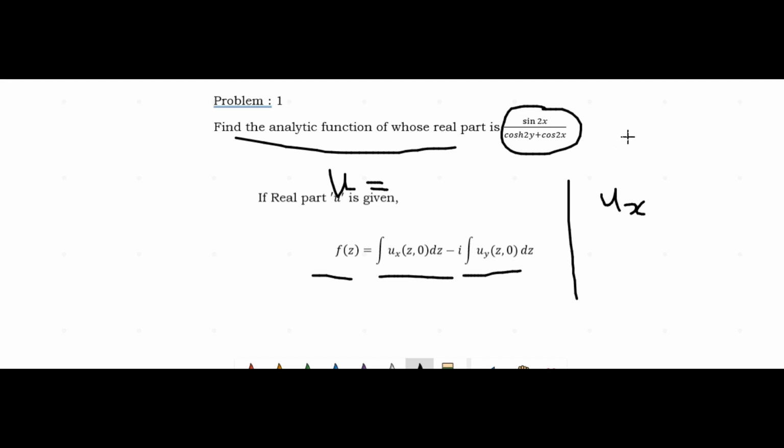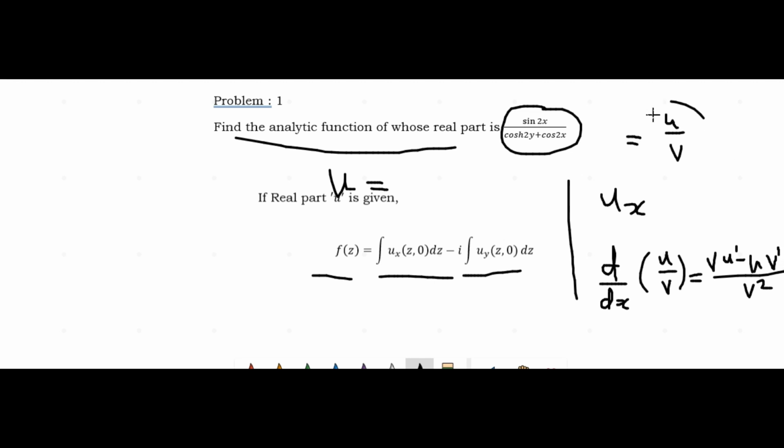Our given problem is in the form of u by v, so you have to remember the derivative of u by v formula: the denominator is v square, and the numerator is v into u dash minus u into v dash.